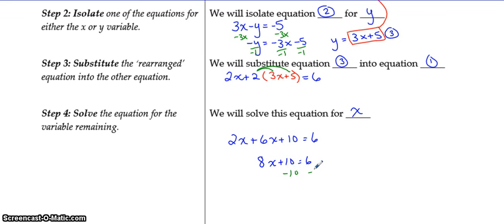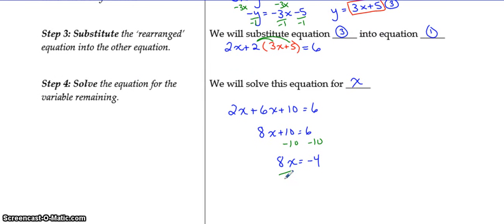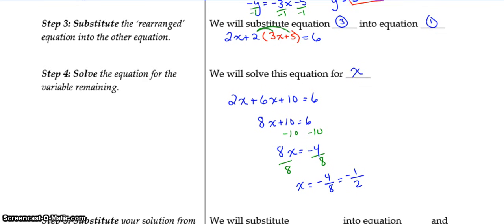Subtract 10 from both sides. That gives you 8x equals negative 4. Divide both sides by 8. And you get x equals negative 4 over 8. And put into lowest terms. If you have a fraction, you have to put it into lowest terms.